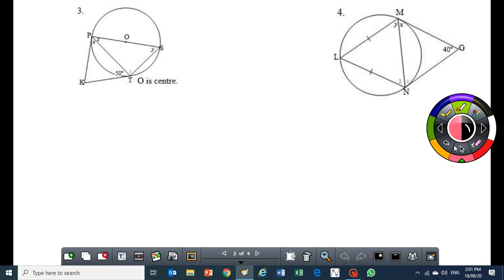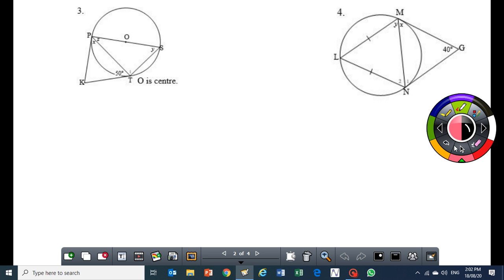The moment you have a diameter, it means theorem 3, angle in the semicircle, must come into your head. Which means you might need to use it. And with two tangents, you might need to use theorem 7, 8, or 9.